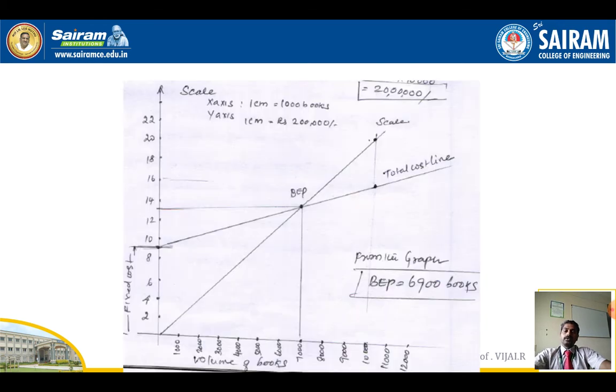Now we have to draw the graph like this. On the horizontal x-axis we put the volume of books: 1000, 2000, 3000, because it is given as 10,000 books. So on the x-axis, 1 centimeter is equal to 1000 books; we are considering that scale factor. On the y-axis, the maximum value we can see is around 16 lakhs.